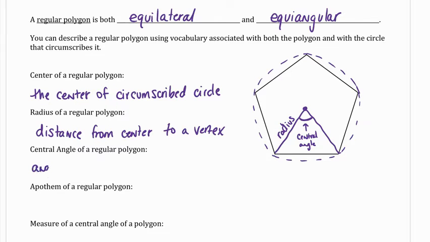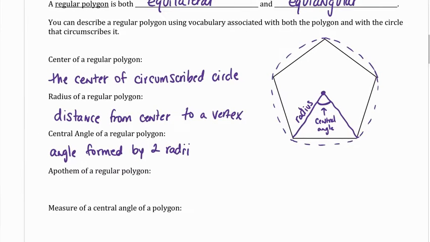So it's an angle formed by 2 radii. In a regular polygon, we can make 5 of those central angles, and they will all be congruent.